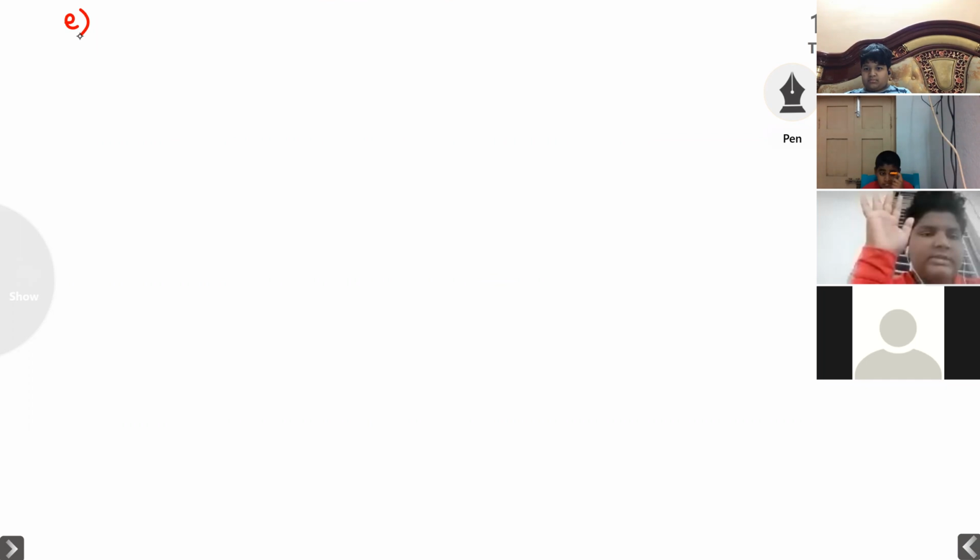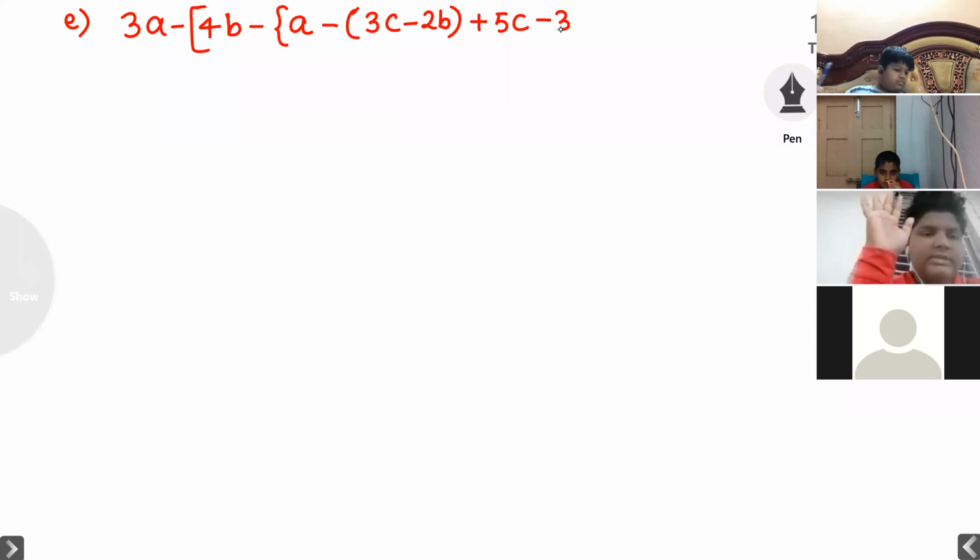Yes, 3A minus large bracket 4B minus curly bracket A minus small bracket 3C minus 2B, small bracket close, plus 5C minus 3 times A minus 2B minus 3C.